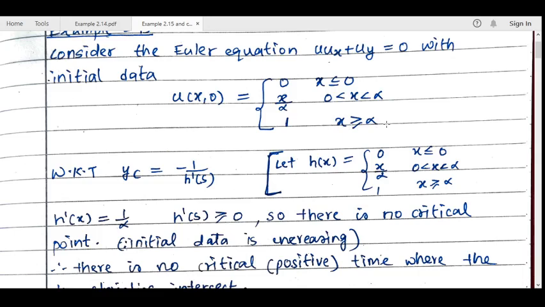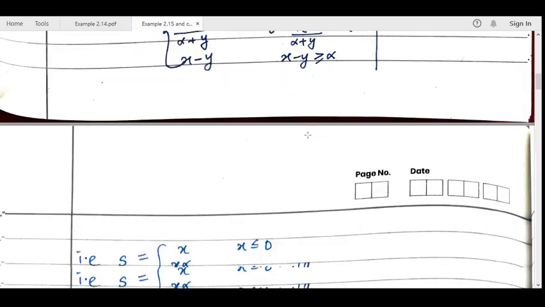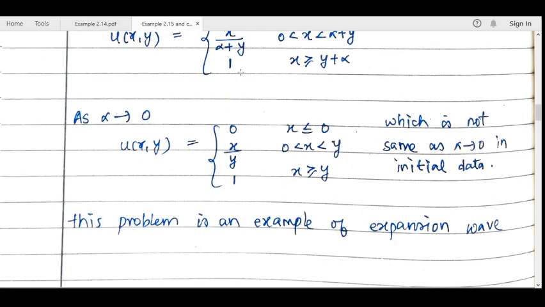So when alpha tends to 0, I have 0 and 1 values, and this is not the same as the solution nature. In the solution, as alpha tends to 0, I have 0, x by y in a region, and 1. So you can see that when you make a change in the initial data, the solution is not changing in the same way. Okay, so there is a problem here.